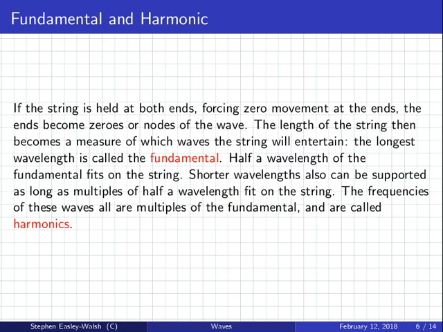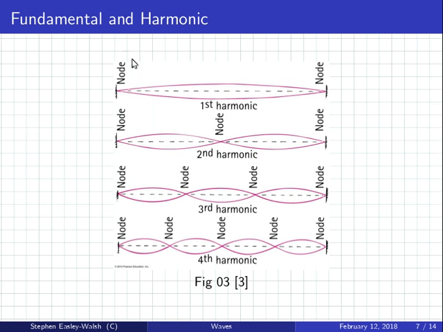Imagine that you have a string. If you have one piece of string, you can pull it up, let go, and it starts to vibrate. This is the biggest wave you can make, is this first one here. Now, in fact, you don't even have one full wave here.